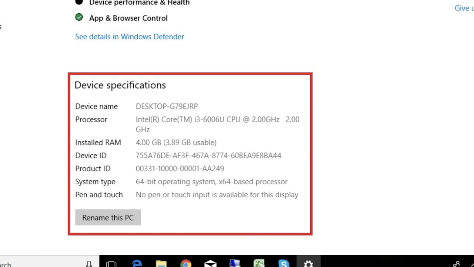So let's go over each of them and explain. Under processor, we have Intel(R) Core i3-6006U CPU at 2.00 gigahertz. It means the speed of this processor is 2.00 gigahertz. So from what we did previously, how many hertz are there in 2.0 gigahertz?